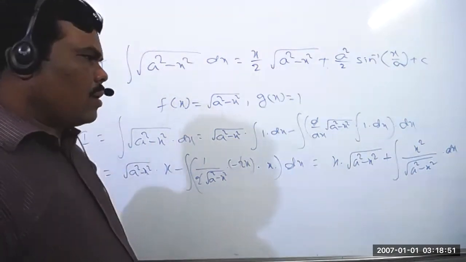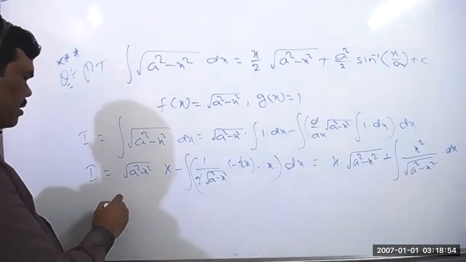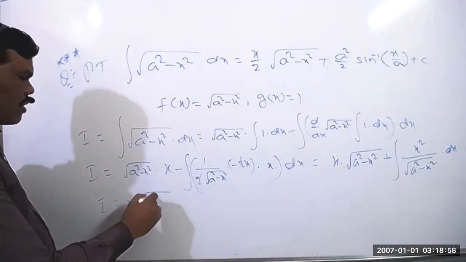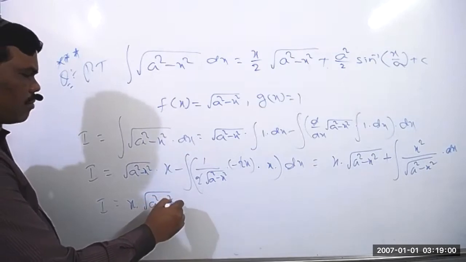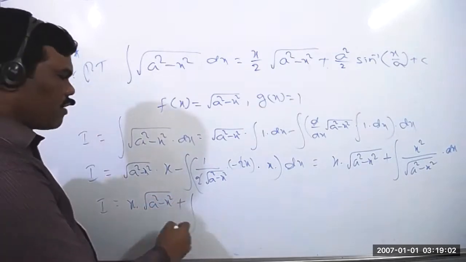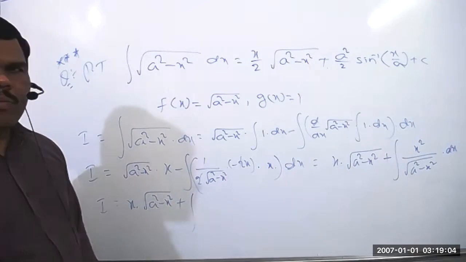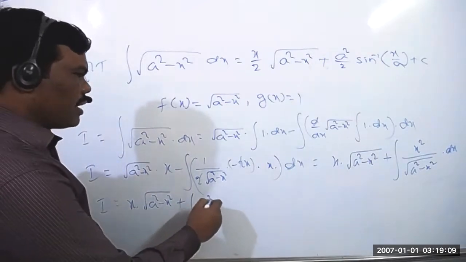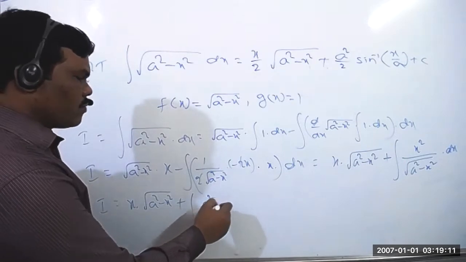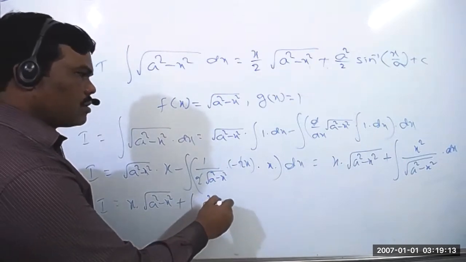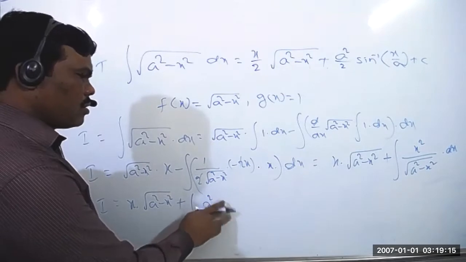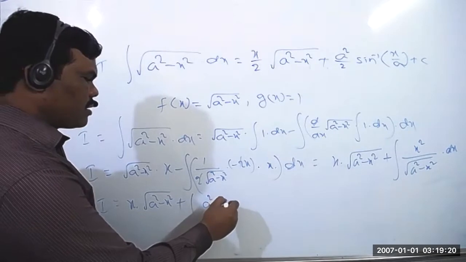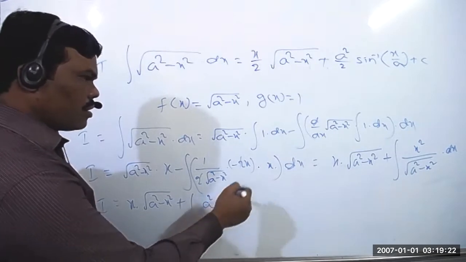So if you take them separately, the value of I equal to x into root of a square minus x square plus integration of, we have to get a square minus x square. For that purpose, a square, if you take plus here, a square is positive.